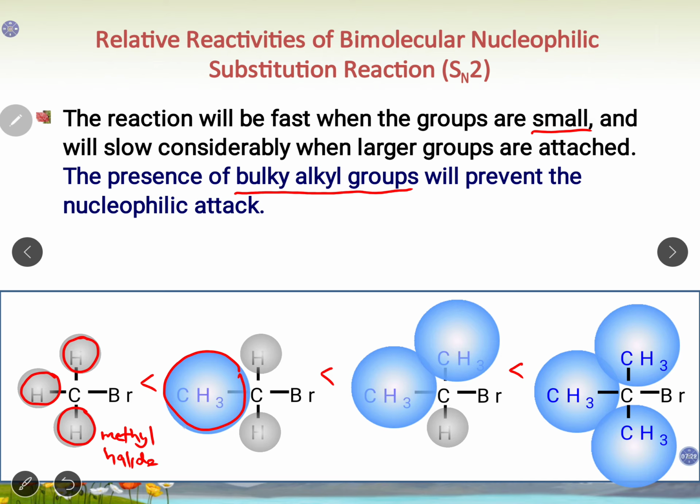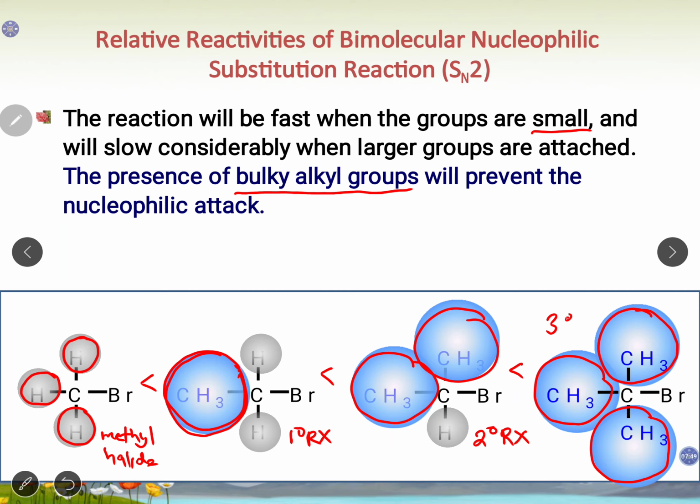The bulky alkyl groups, for example the CH3, this one is a primary haloalkane, compared to the secondary haloalkane where we have two alkyl groups attached, compared with the tertiary haloalkane where we have three alkyl groups attached to the carbon. For SN2 to occur, it is quite difficult when we have the bulky alkyl groups because they can prevent the backside attack.